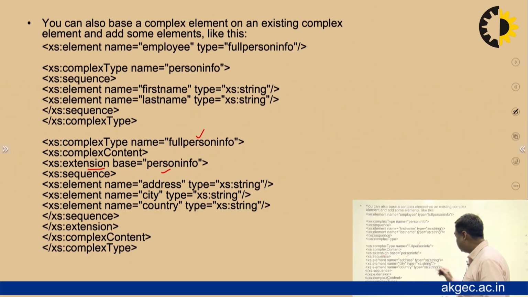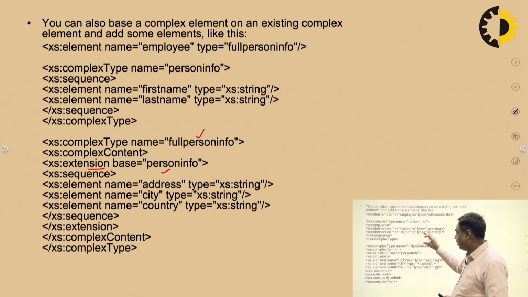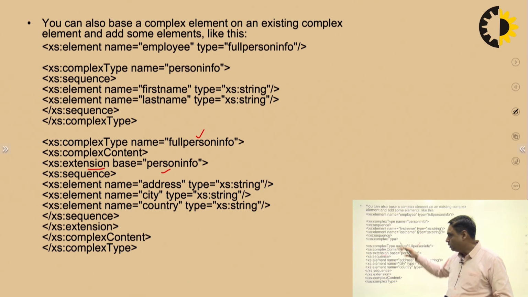You also define the type of these extra elements as string. So this is one way. If you define one user data type, you can extend it. So this is the way of extension of an already defined user data type, or you can say an already defined complex type that you can extend for another complex type.